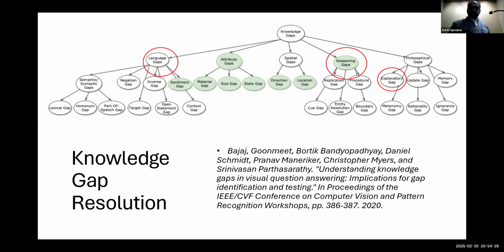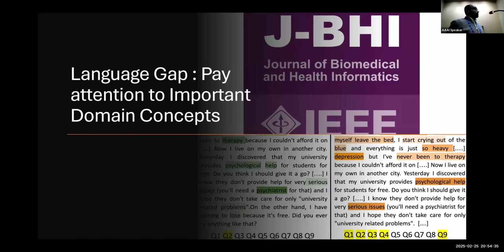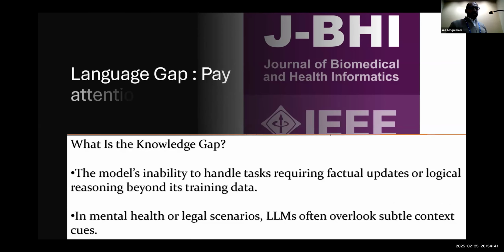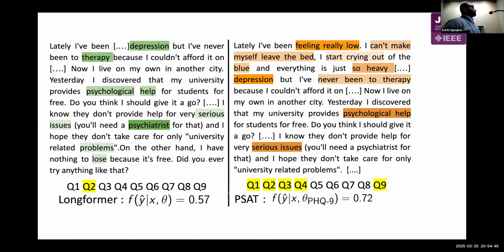So let's look into one part, the language gap, or what the language gap essentially means, which is nothing but paying attention to the important domain concepts. As I said in the previous slides, there is a way to investigate the attentions inside the model.